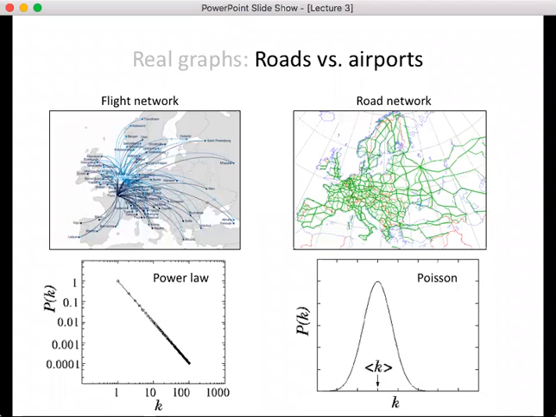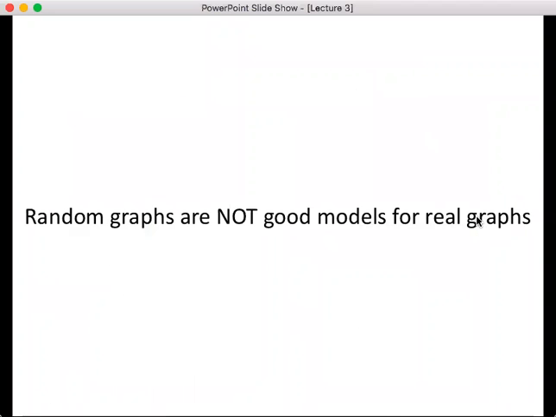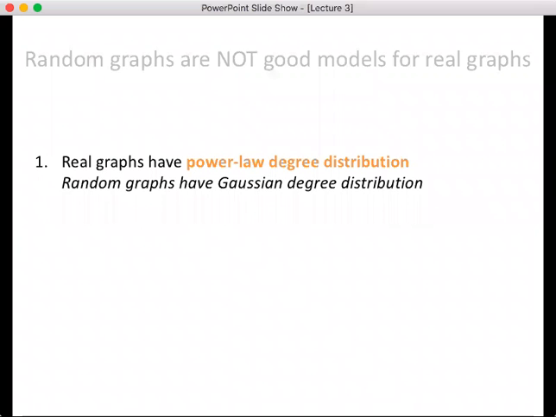So with this we get to the first conclusion, which is that random graphs are not good models for real graphs. To be specific, real graphs very often have a power law degree distribution, while random graphs have a Gaussian degree distribution. So that's the first observation.